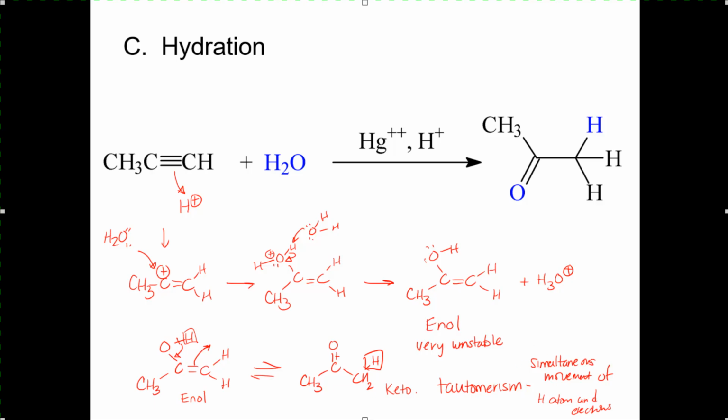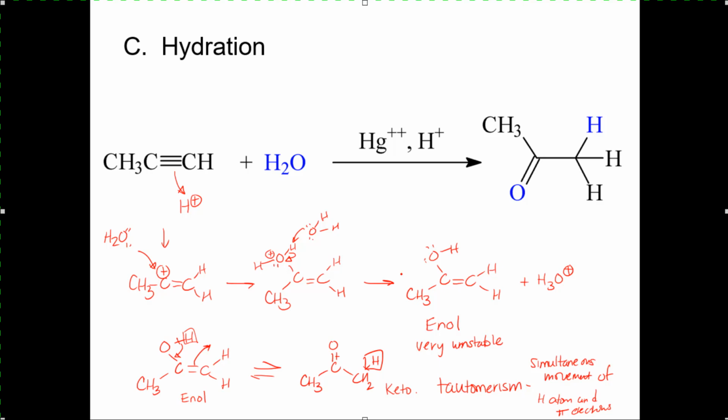So when you have the simultaneous movement of a hydrogen atom and electrons, primarily the multiple bond, the pi electrons, so I should probably say pi electrons, when you have the simultaneous movement of a hydrogen atom and pi electrons, that is what is called tautomerism. So while these look like they could be resonance structures, trust me, they are not.